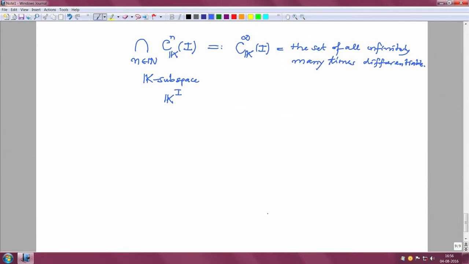So this is also a subspace, and such subspaces are very important to study in analysis.